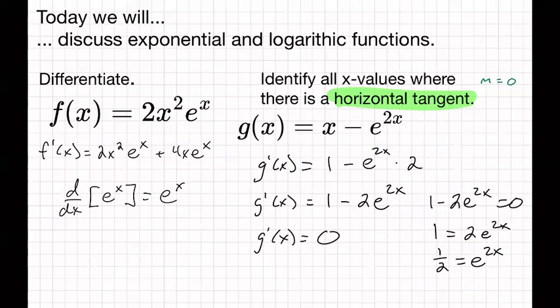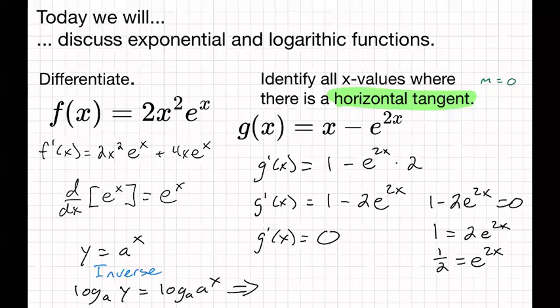I didn't go into full details, but when you have y equals a to the x, its inverse, which we need to help us solve, is the log base a of y equal to the log base a of a to the x. The reason we like that is that it'll give us log base a of y equal to x. This is an identity property that we need to make sure we recall.